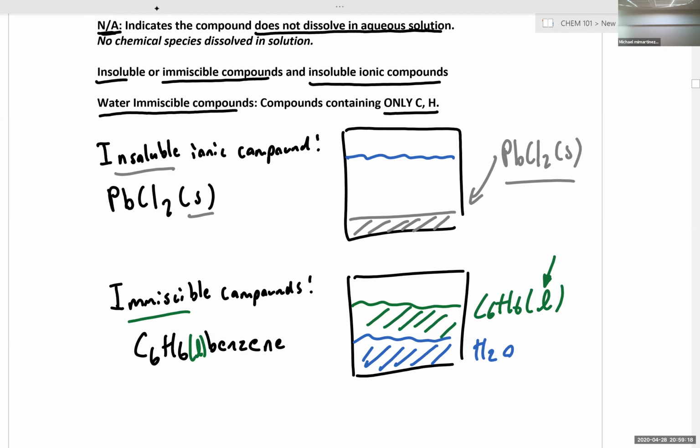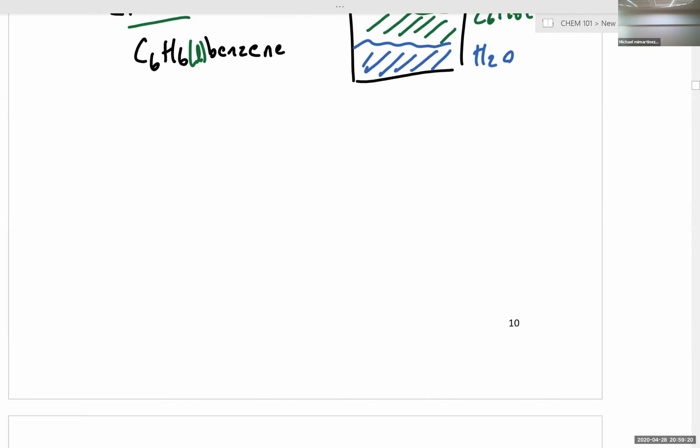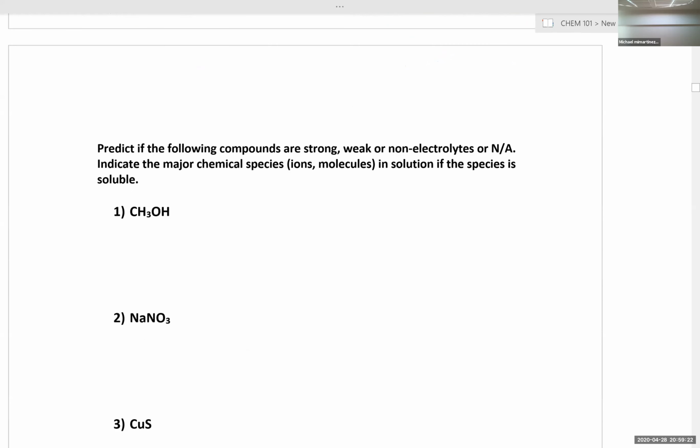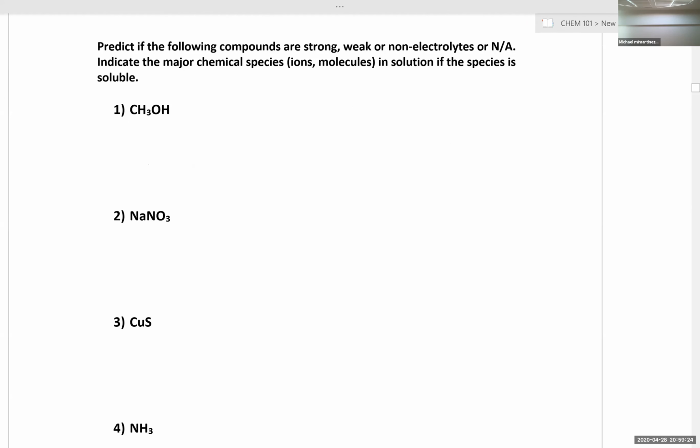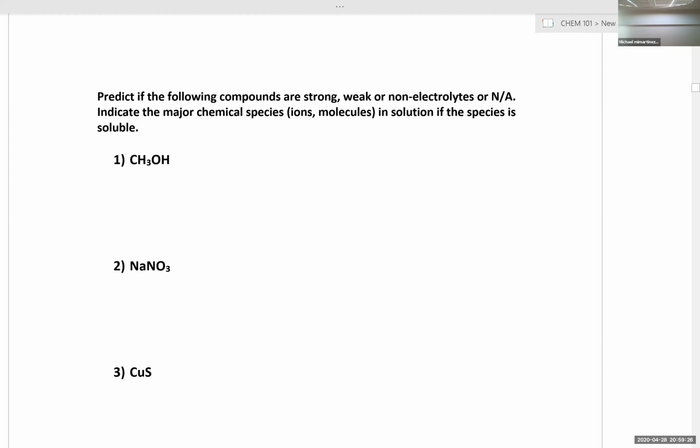Okay, so let's keep going. We've covered all of our major state symbols. So what we're now going to do is predict if the following compounds are strong, weak, or non-electrolytes or not available, and indicate the major chemical species in solution if the species is soluble. I'll do the first one.